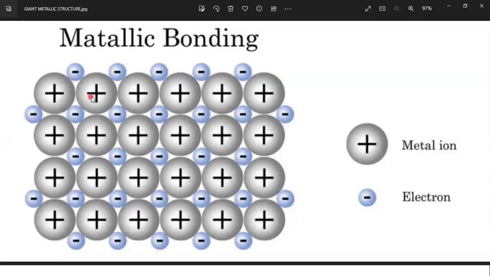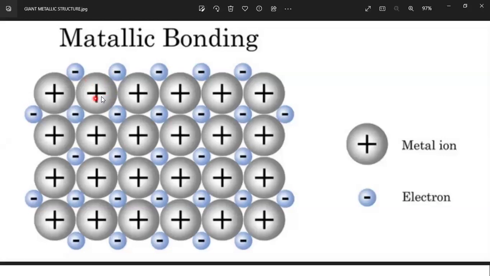So this attraction here, something that involves positive and negative, we call it electrostatic. So this is an electrostatic force of attraction between the delocalized electrons and the positively charged nucleus of the metal atom. The delocalized electrons are always from the outermost energy level.